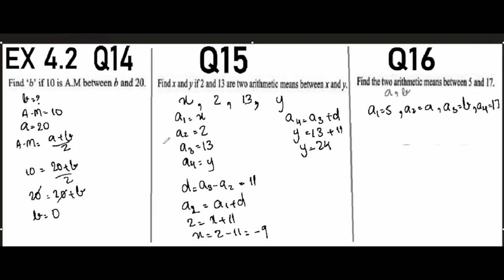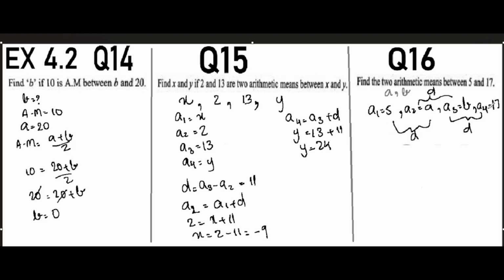To find the common difference d: the difference between a4 and a3 is d, the difference between a3 and a2 is again d, and the difference between a2 and a1 is again d.